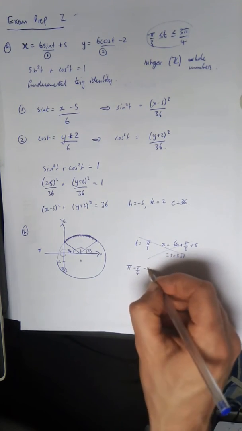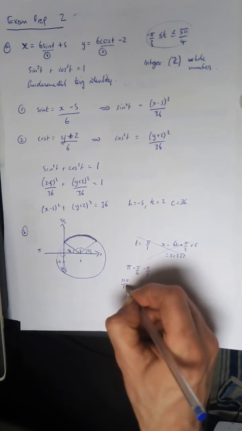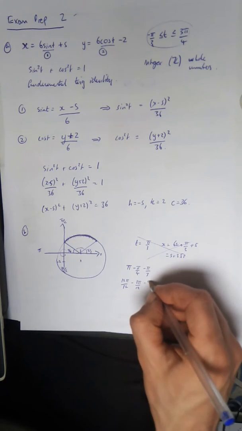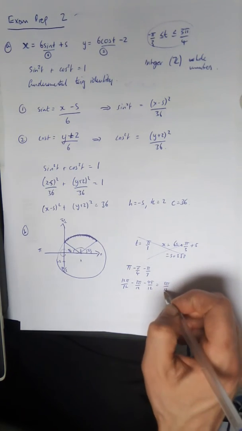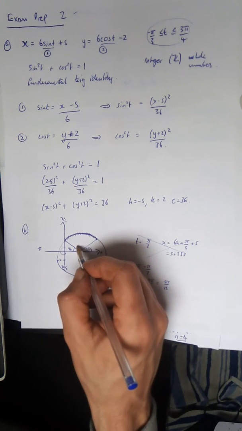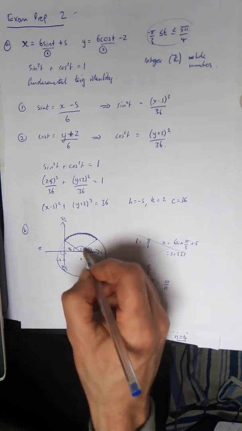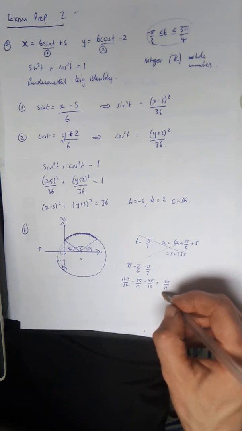If we do everything over 12, so 12 pi over 12 minus 3 pi over 12 minus 4 pi over 12 is 5 pi over 12. Okay, so that is 5 pi over 12 out of a half turn, or out of a full turn.